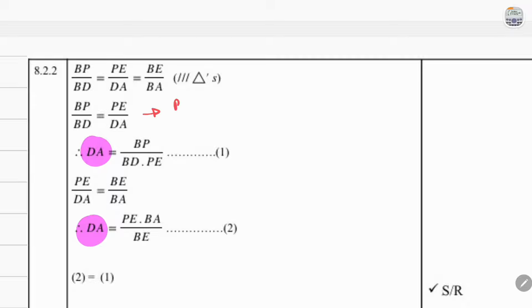If you cross multiply, you get BP times DA is equal to BD times PE. And then if you make DA the subject, for this to be left alone, you have to divide both sides of the equation by BP, and that's all.